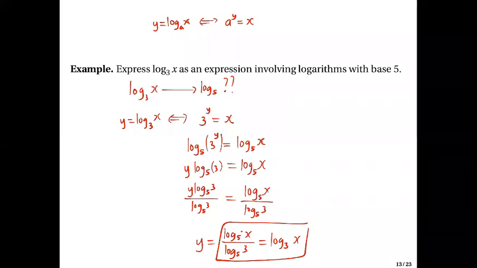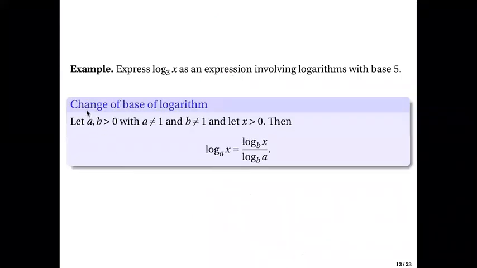And this method here, okay, only shows the following. Change of base logarithm. Meaning, if we have one base, we can convert it to another base. So let a and b be positive with a not equal to 1 and b not equal to 1. And let x be any positive number.